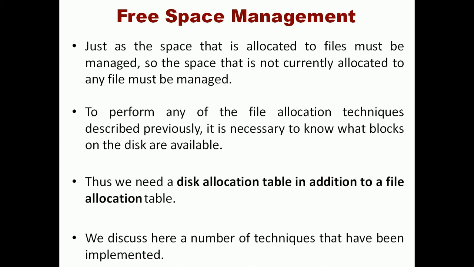Okay, so we have seen the three major mechanisms. One is called the contiguous allocation scheme, the second one is the indexed allocation scheme, and the third one is the chained allocation scheme.